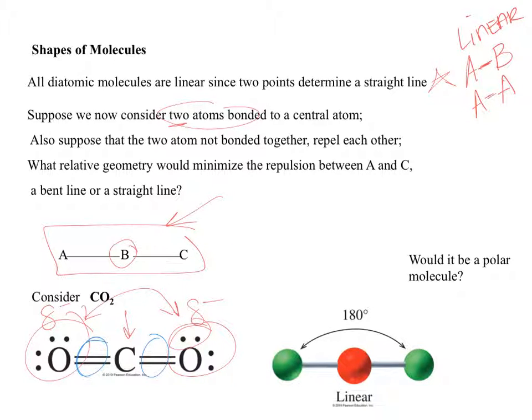In all of these shapes we're going to look at, the atoms and the bonds are maximizing the space or distance between them. So when you just have a central atom and two things attached to it, the maximum space is to keep them 180 degrees apart. When they're 180 degrees apart, that makes a linear shape, or you could draw a straight line through it. That's where linear comes from.